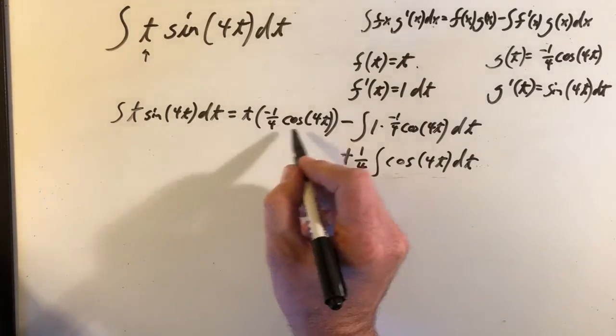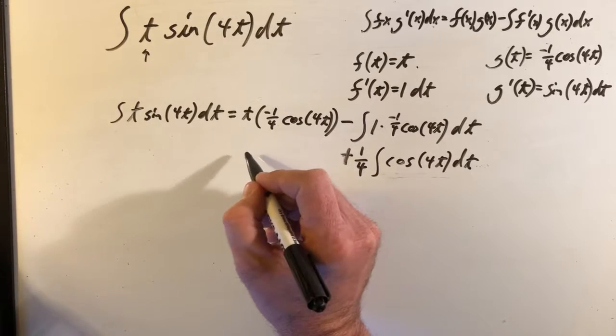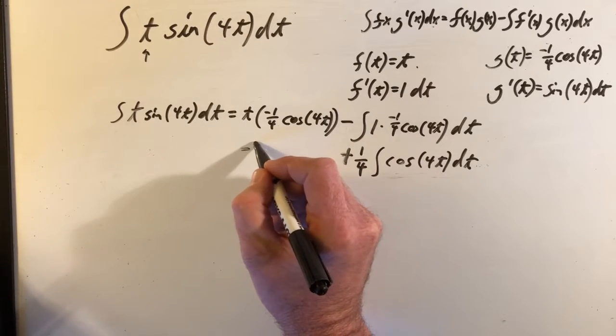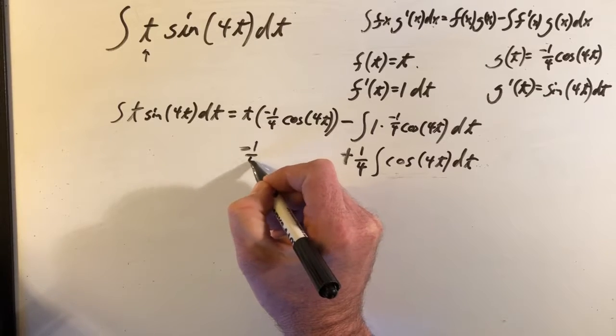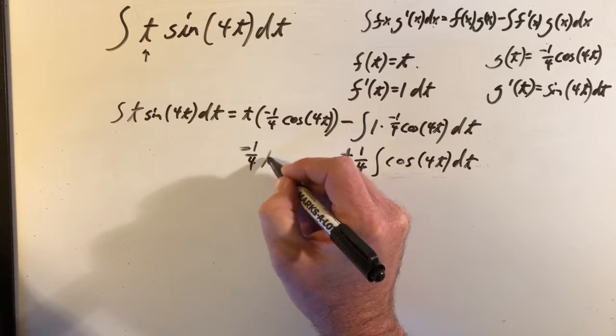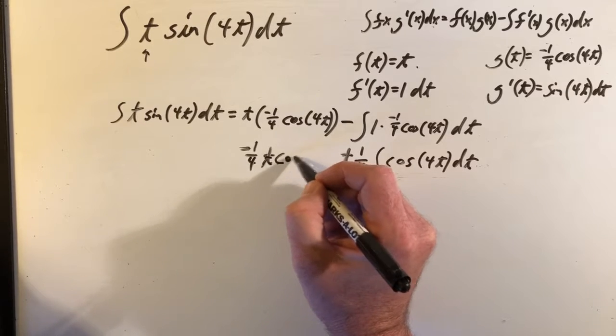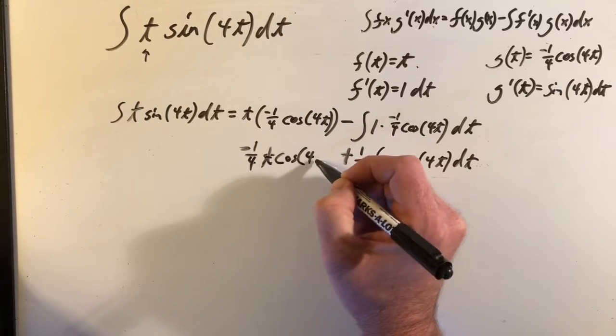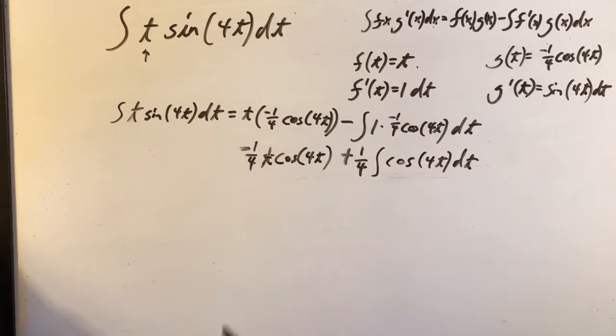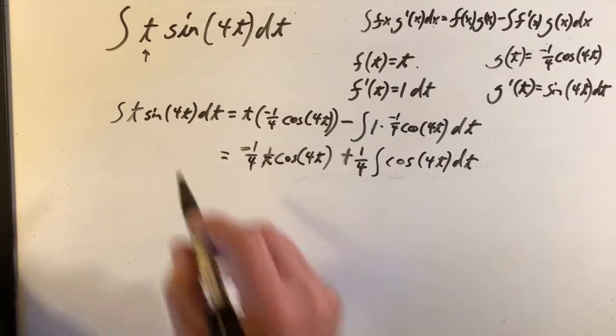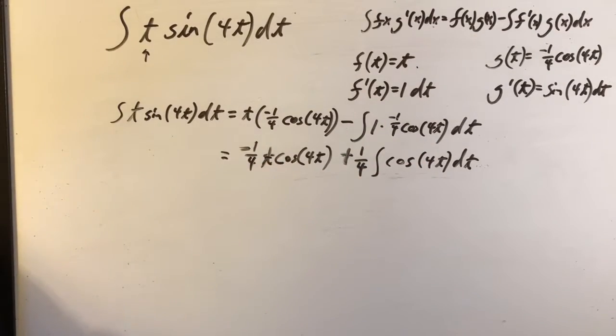Okay, and then I have this part over here. I'm just going to rearrange it to make it a little bit neater. And I have the negative 1/4 t cosine 4t there. Okay, I won't bother writing that other part there.